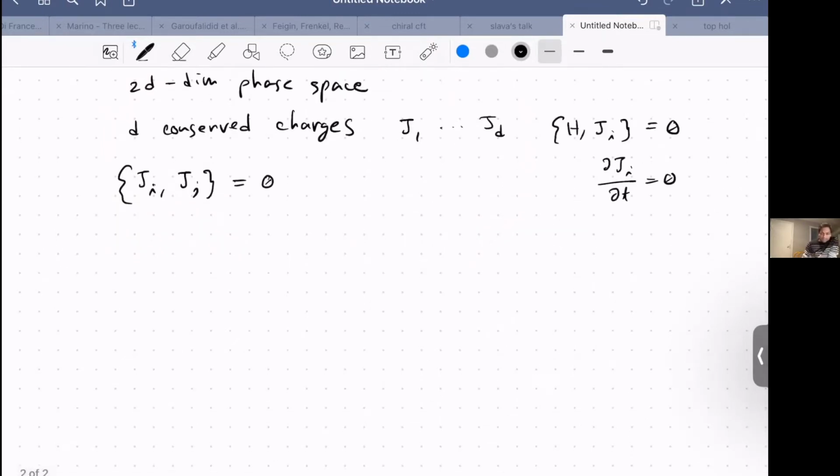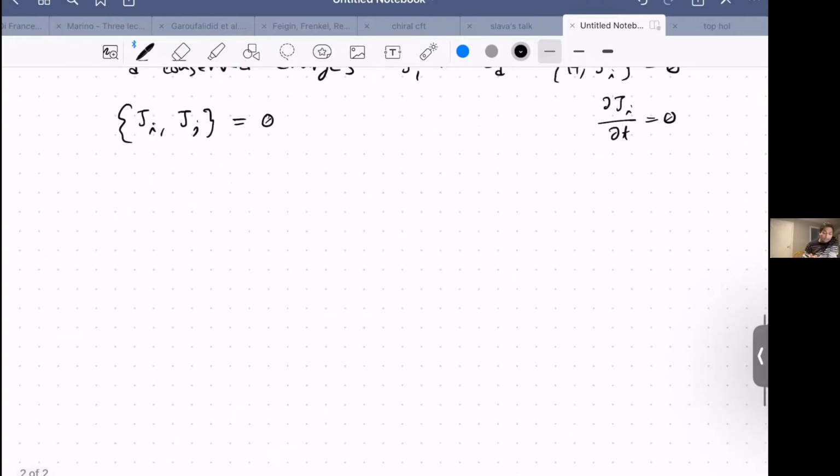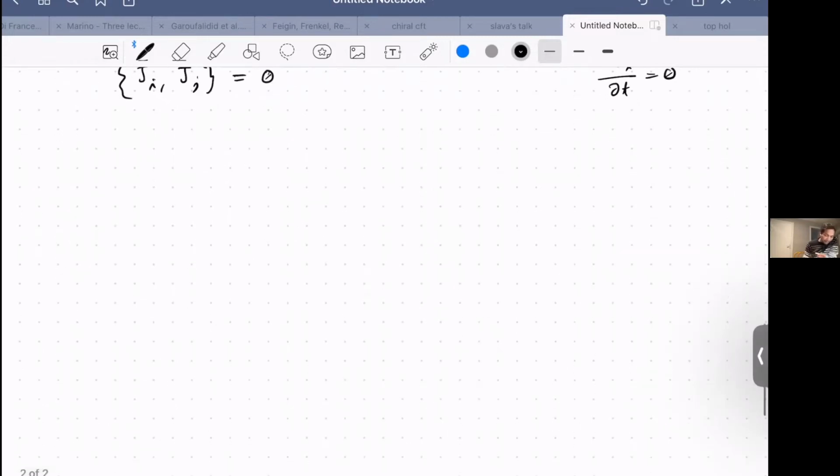Now, this was kind of easy to understand, but it's very difficult to generalize. And so instead of trying to generalize this notion of integrability, we came up with a somewhat more abstract way of expressing this criterion, which was called the Lax formalism.